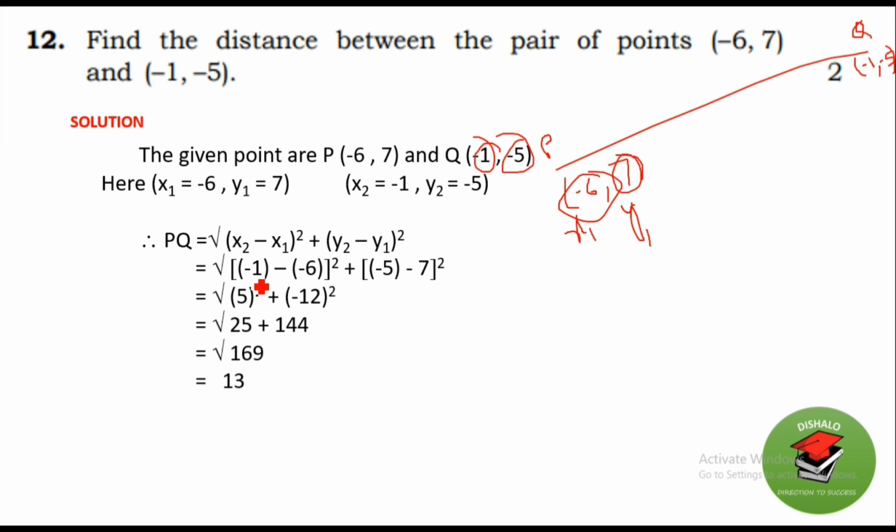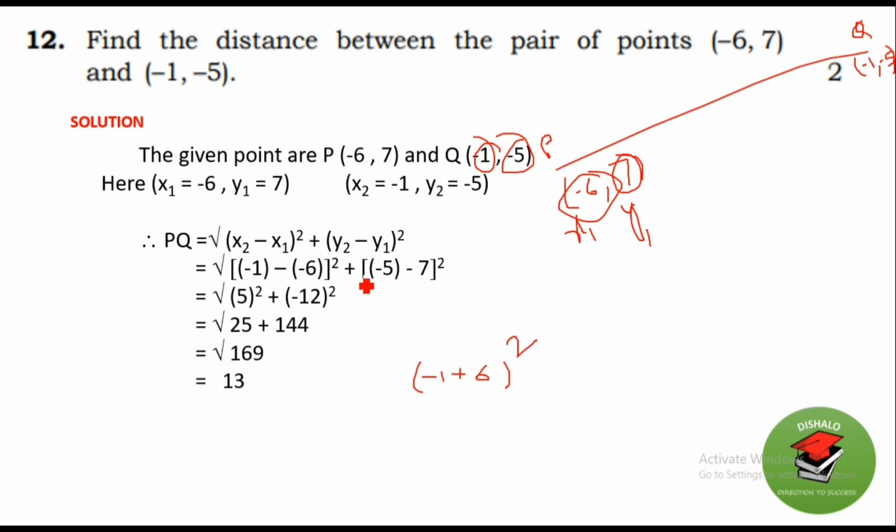So this one. So -1 plus 6, right? Then I have whole thing square. So what will I get here? -1 plus 6 is 5 square.